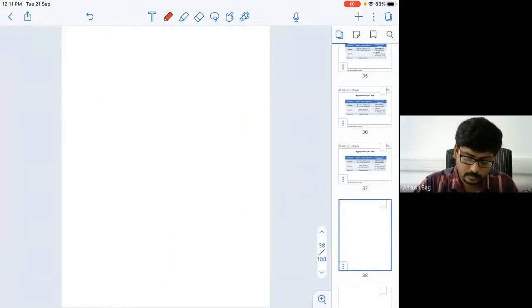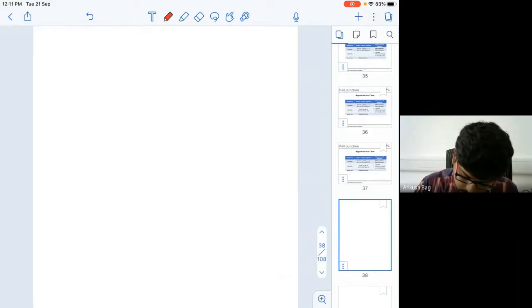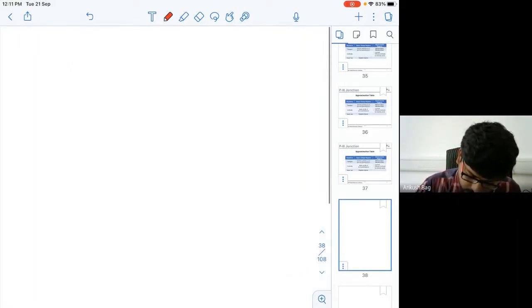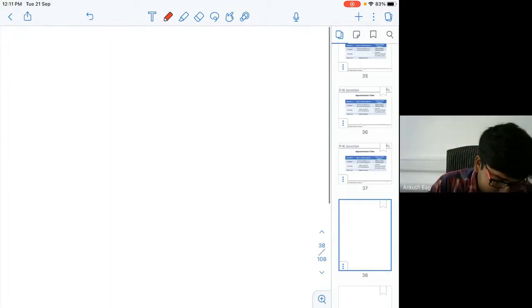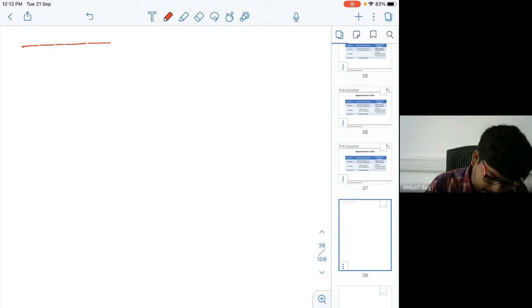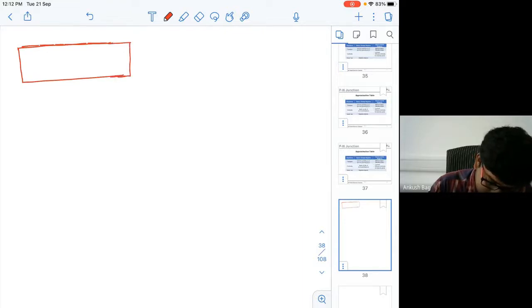So let us consider this diode. Once again, this P plus N junction we'll consider.